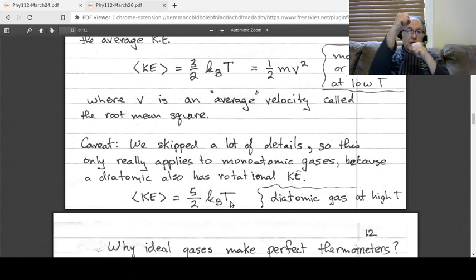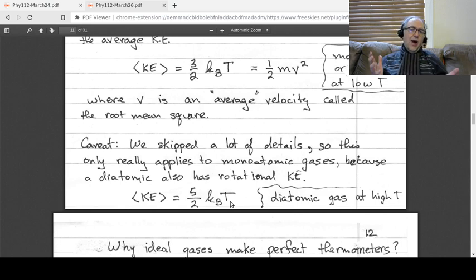So here's one oxygen atom, here's another oxygen atom, they're stuck together, and they kind of tumble around one another. So guess what? Not only do they have translational kinetic energy, but they also have rotational kinetic energy. And so the translational kinetic energy part gives you the 3/2, and the rotational part gives you another 2/2 for a total of 5/2 k_Boltzmann times T.